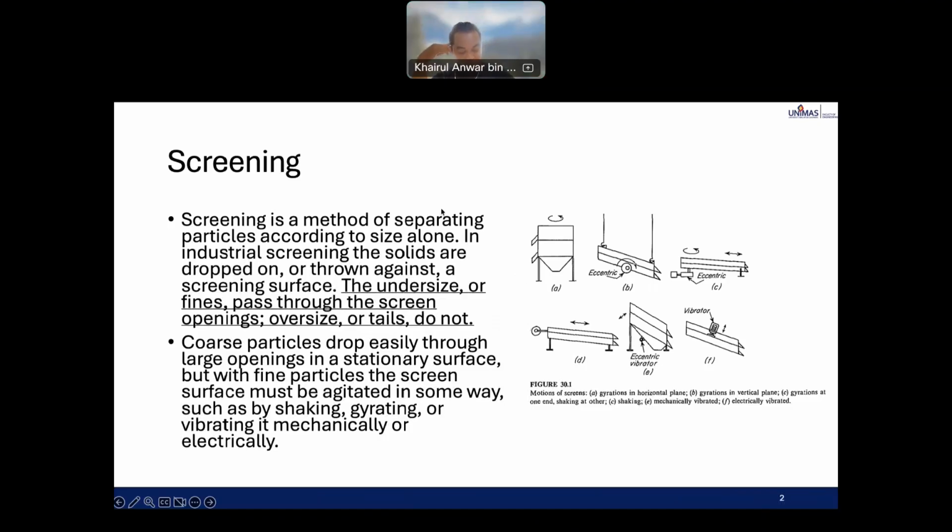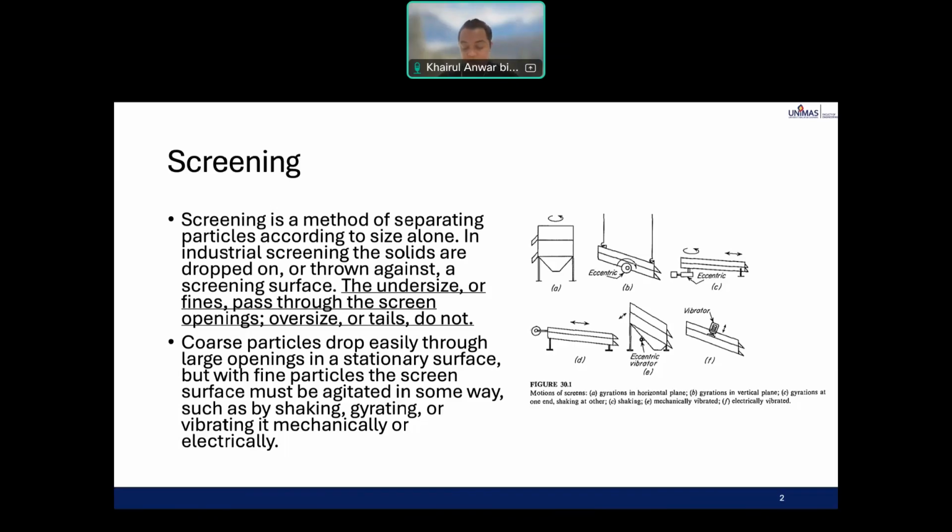So the first method is screening. Based on the name, mechanical separation, it's separating the material. This is for solids, mechanically using mesh and vibration.